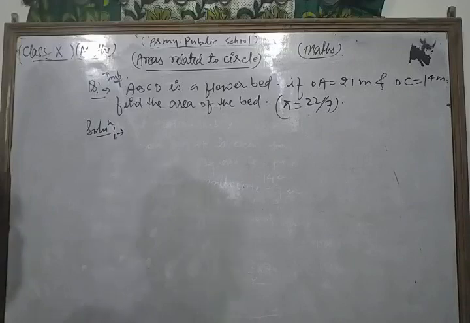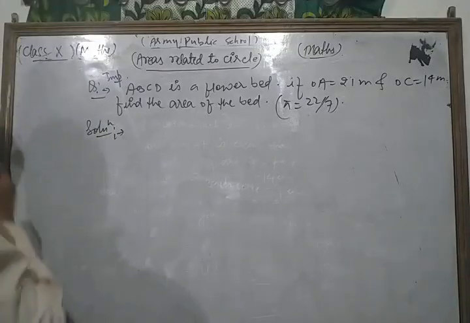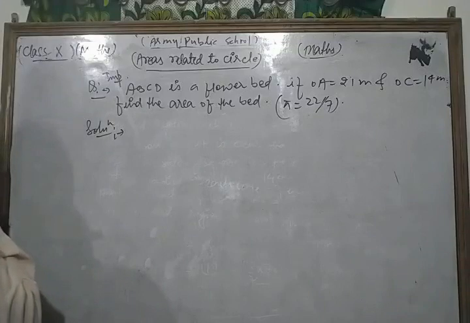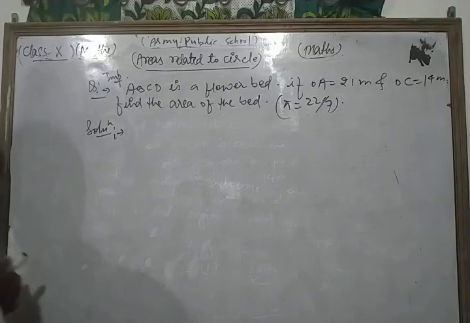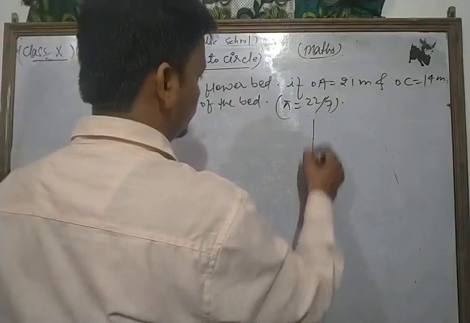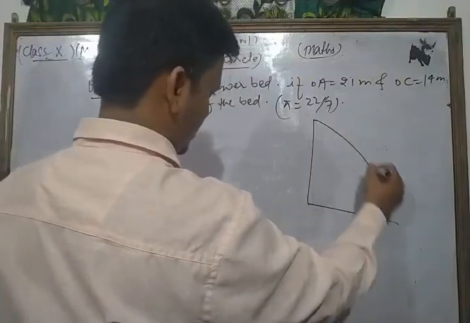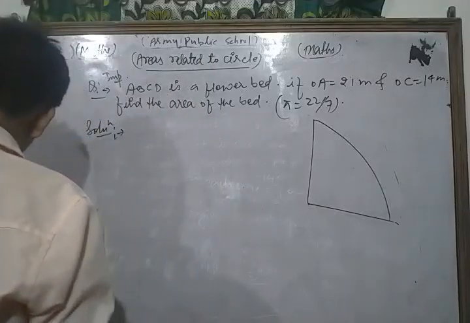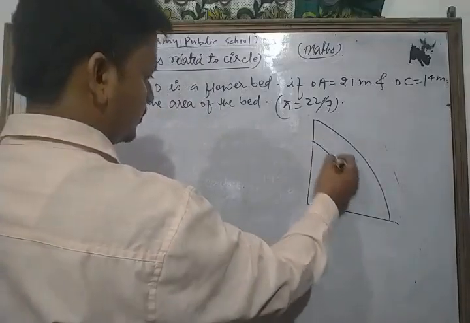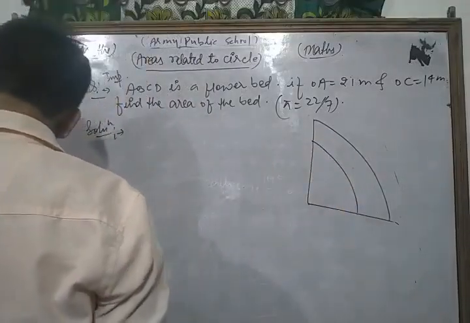Now look at its solution. ABCD is a flower bed, and this is your figure. This is your flower bed ABCD.